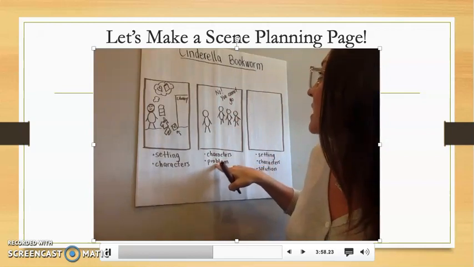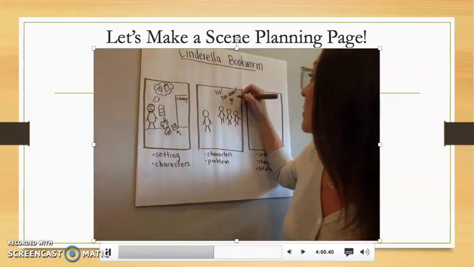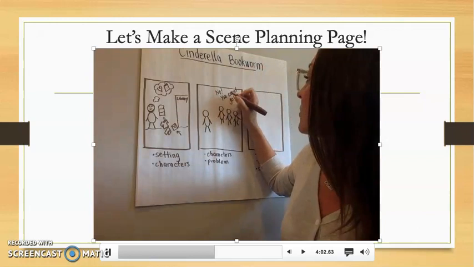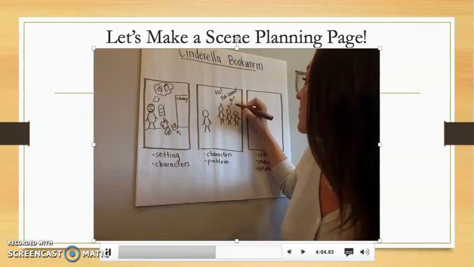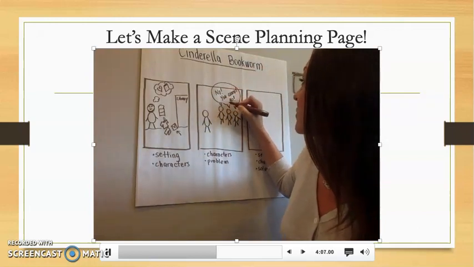That's the problem in our fairy tale Cinderella Bookworm. No, you cannot go, they all say. Like a speech bubble. Big speech bubble.